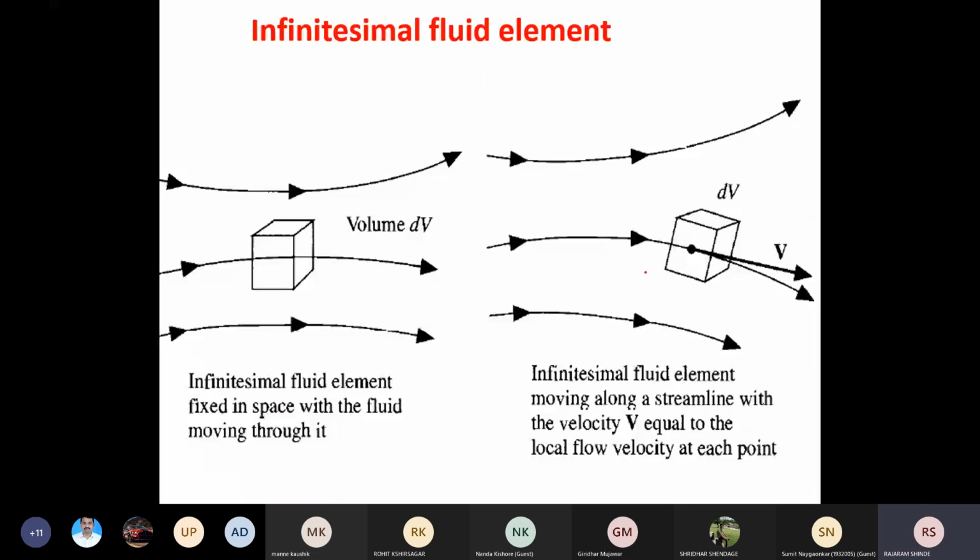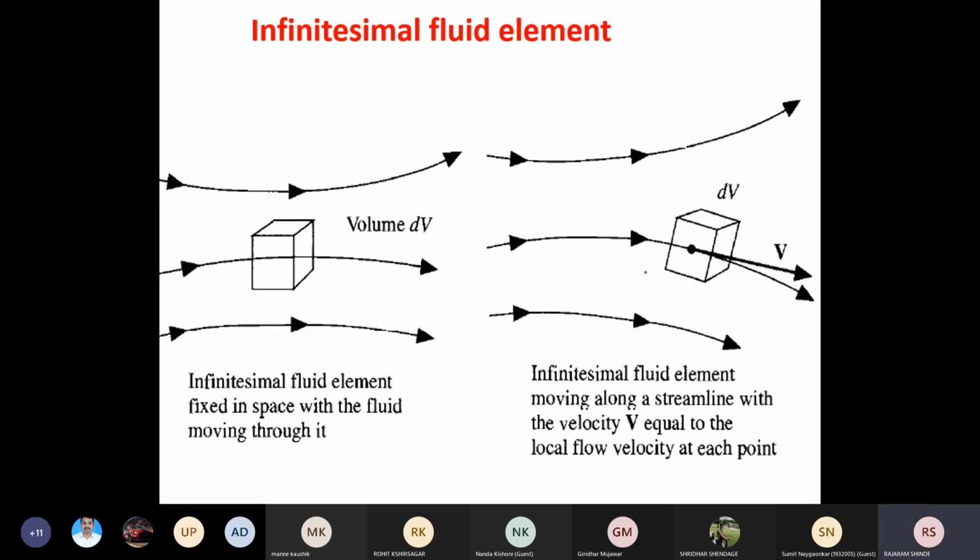Now next, there are two models again. Here these models are infinitesimally small fluid elements. Again here we consider small fluid elements and flow with a differential volume.